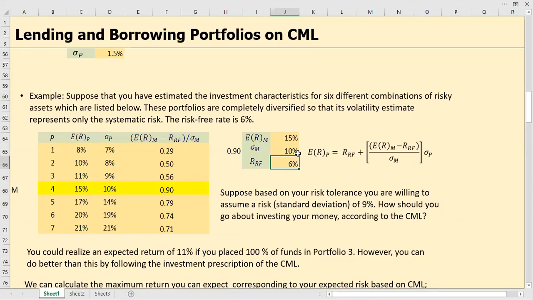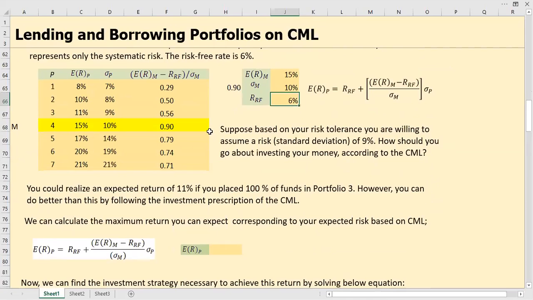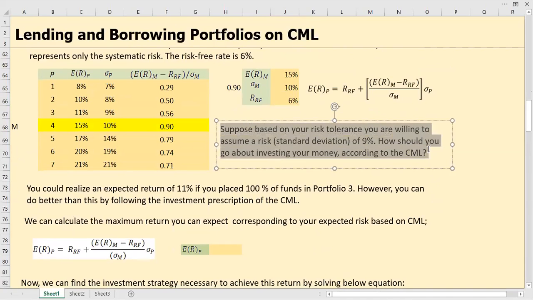How do you get the maximum slope? With the maximum slope, you can identify the market portfolio, right? Now, the next thing you want to understand, according to the sum, this information is also given to us.